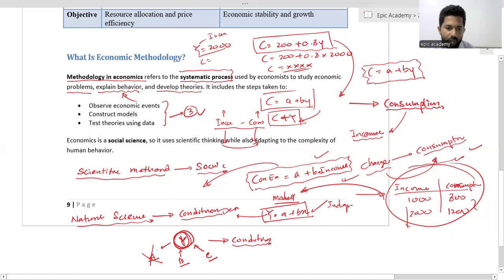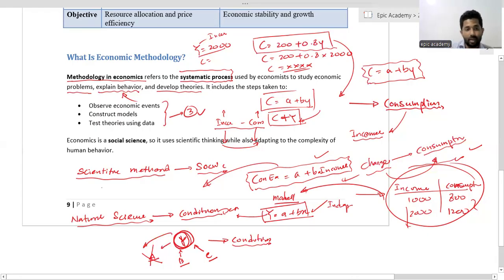You assume that you are going to change the effect of A in natural sciences and understand the impact of factors B and C on Y. So it is very easy to do that kind of experiment in the natural sciences.